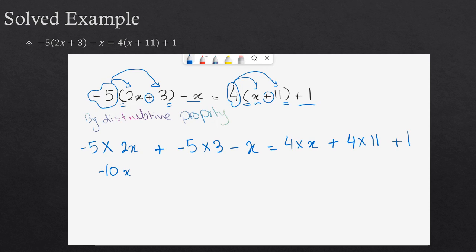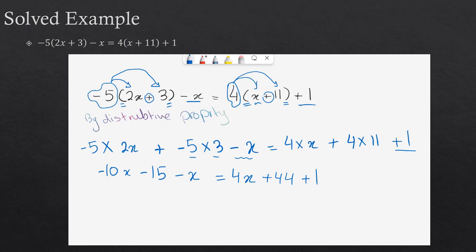We have minus 5 multiplied by 3, it is minus 15, okay, and then we have minus x, so we write minus x as it is, equal to 4 multiplied by x is just 4x, and 4 multiplied by 11 is 44. Plus 1 is written as it is, okay.